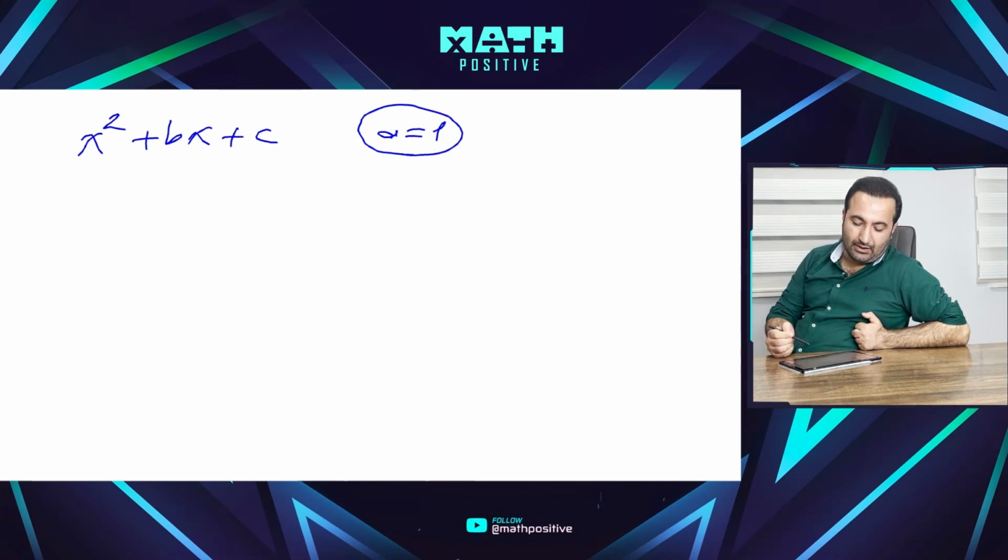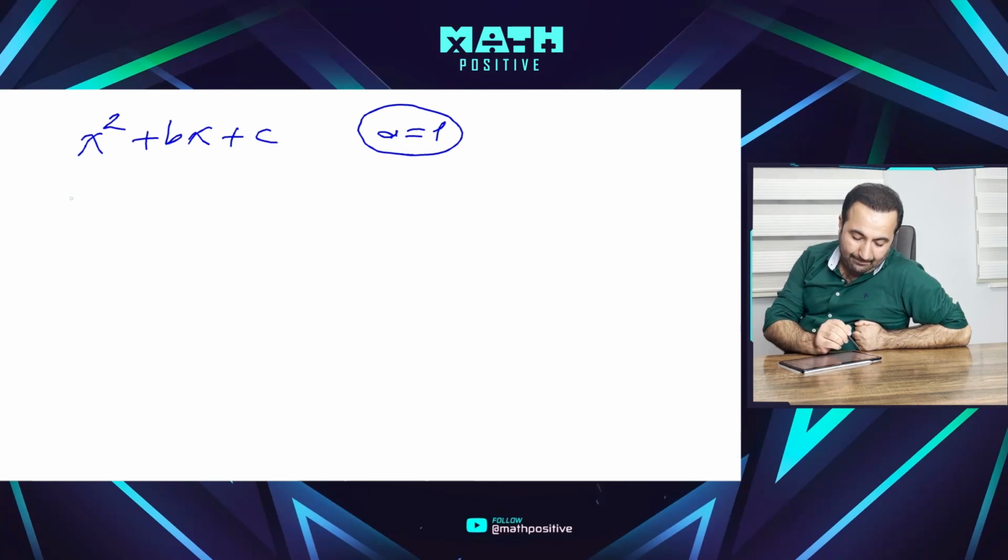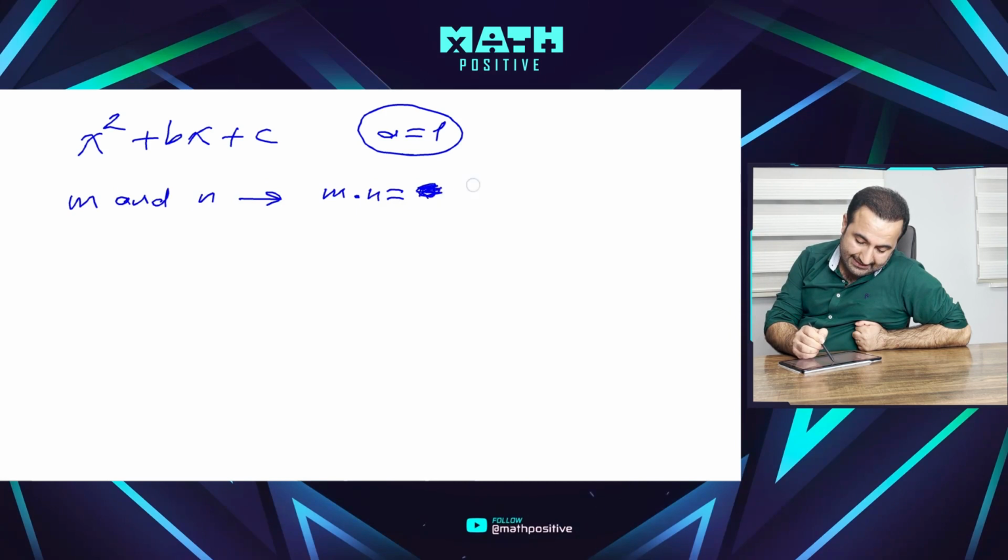When a is 1, we can factorize this expression like this. We should find two real numbers, say m and n, so that m times n equals c and m plus n equals b.